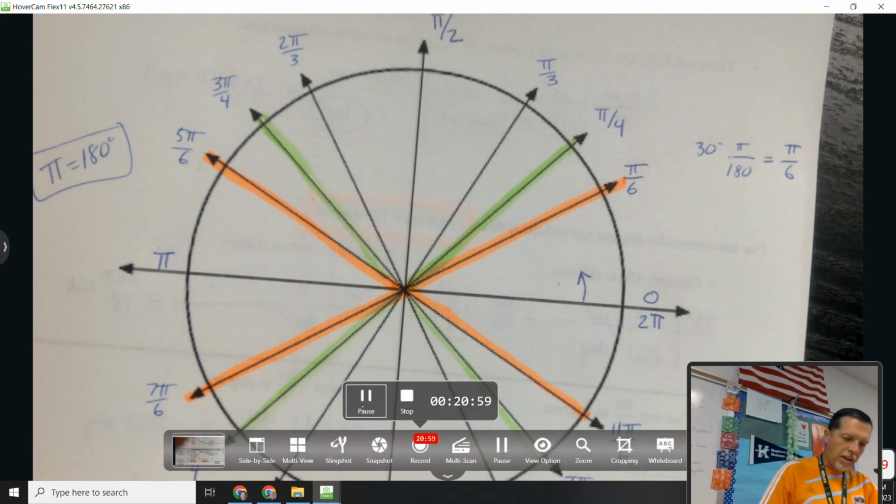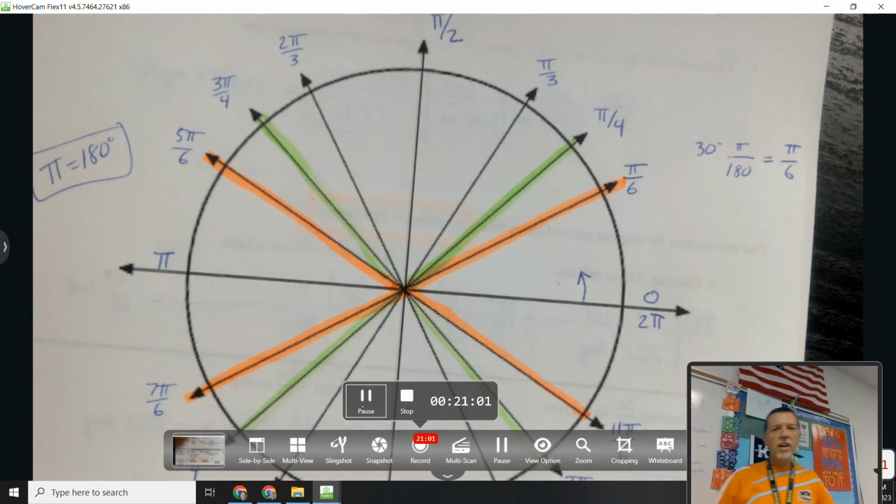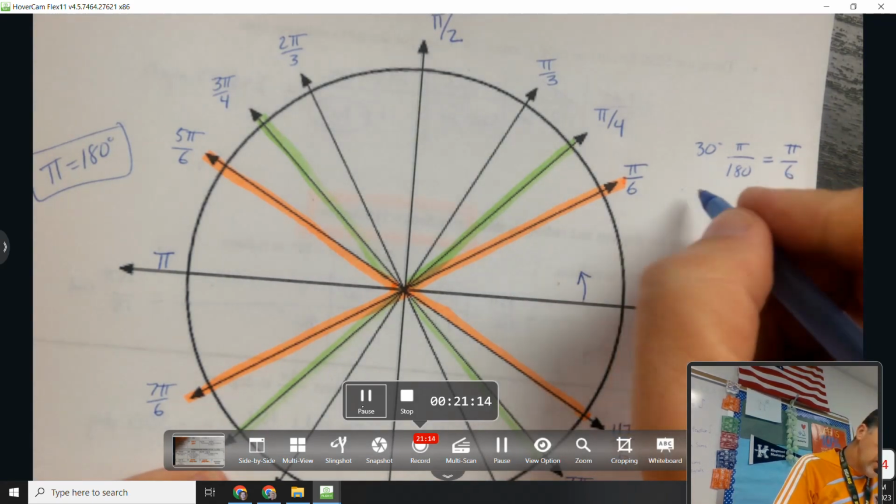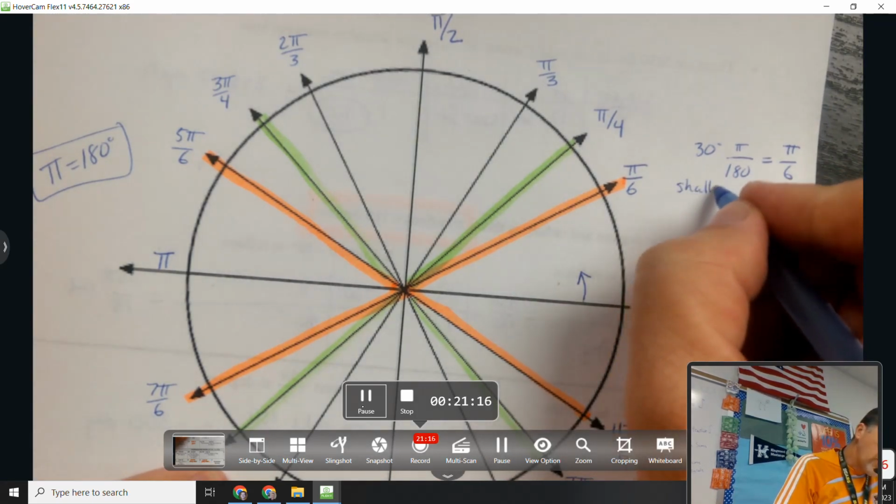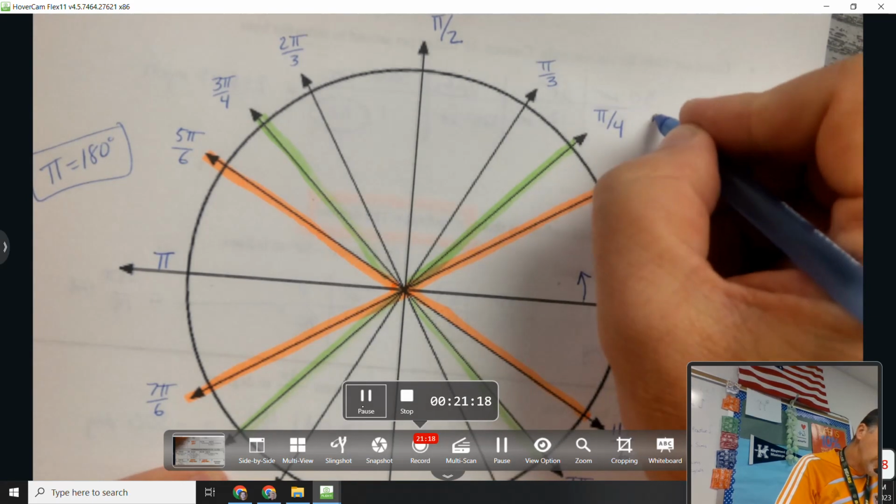And share with your neighbor. It doesn't matter what color you pick. I just like to put all the over 6s one color, all the over 4s one color. So all the 6s are the shallow angles. All the over 4s are the middle angles.